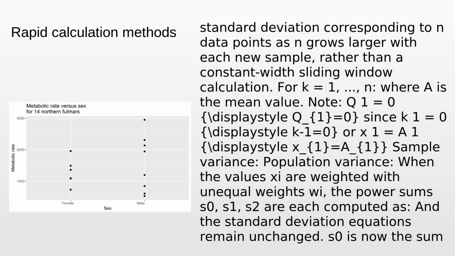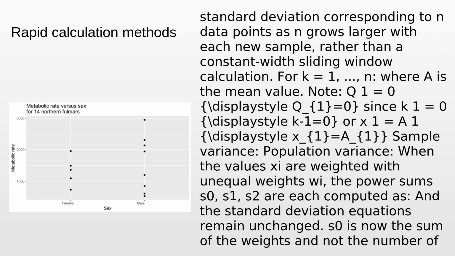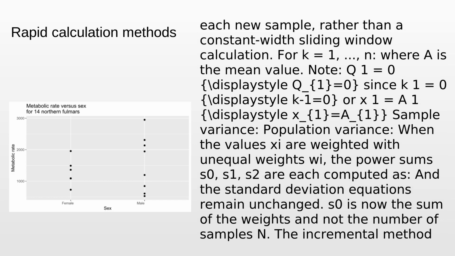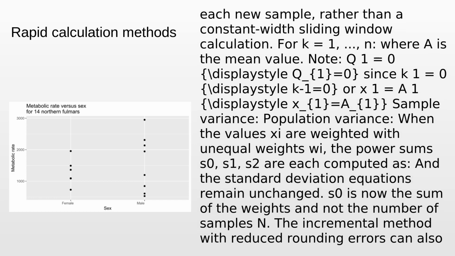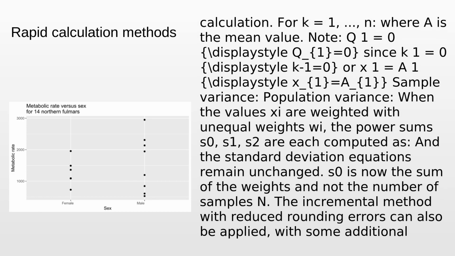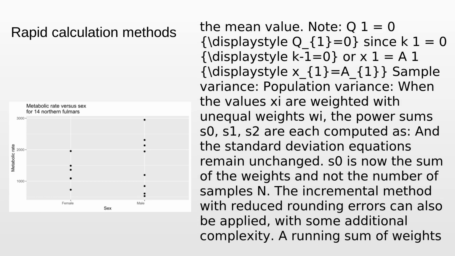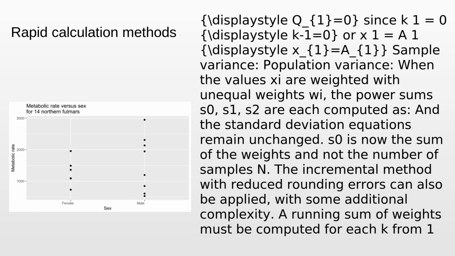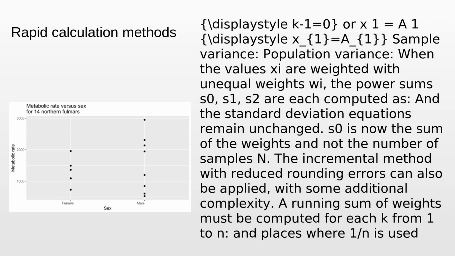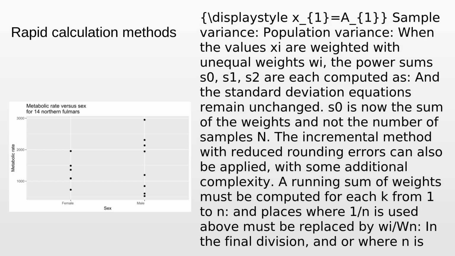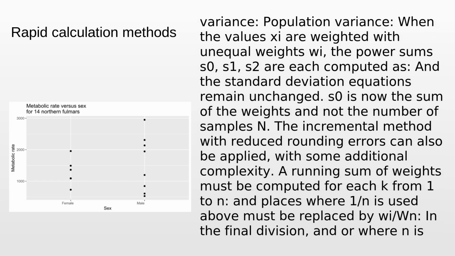For k equals 1, ..., n, where A is the mean value. Note: q_1 equals 0, since k_1 equals 0, or x_1 equals A_1.